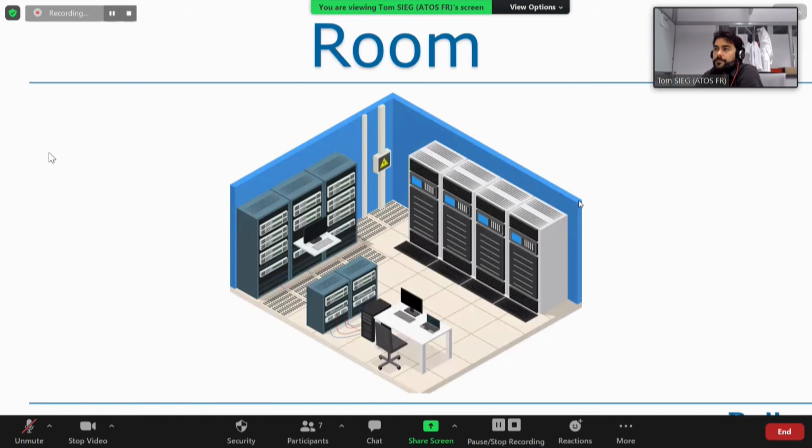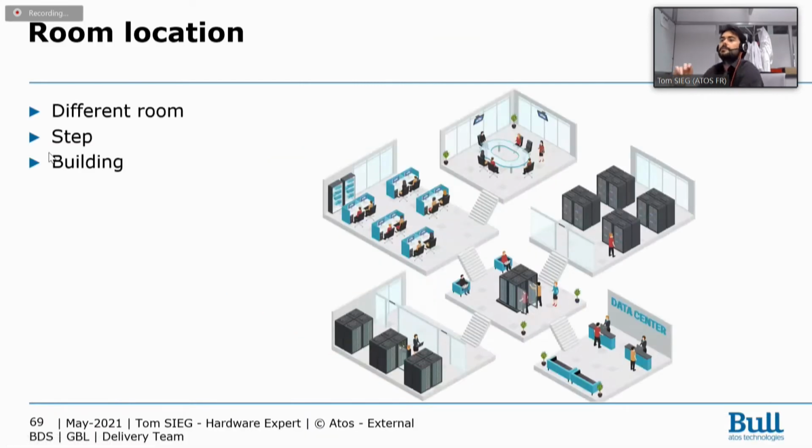So let's go to the room recommendation. First of all, the room localization in the building. Of course, for your data center, it's really rare to have a building only for the data center.